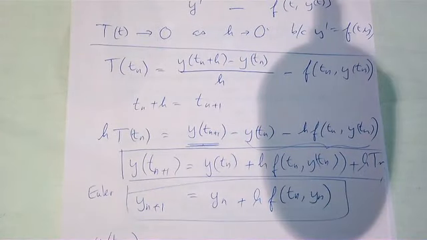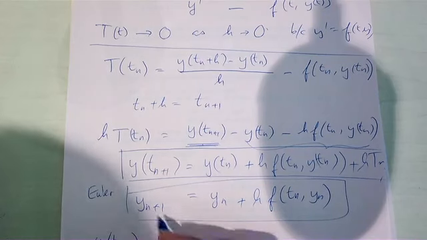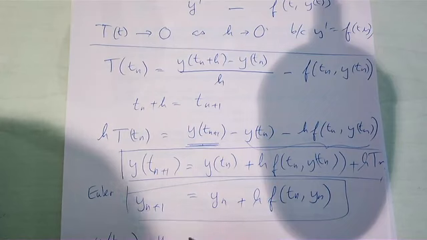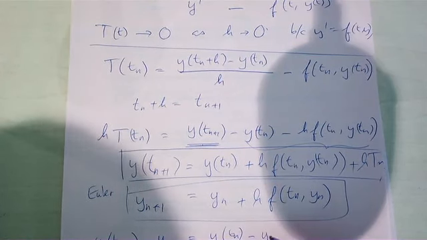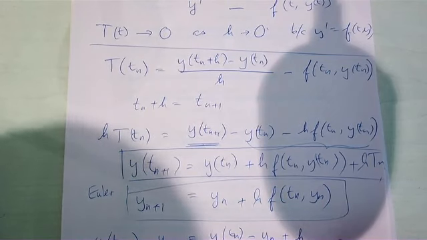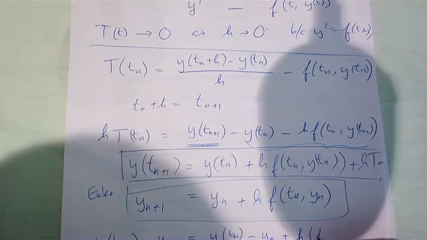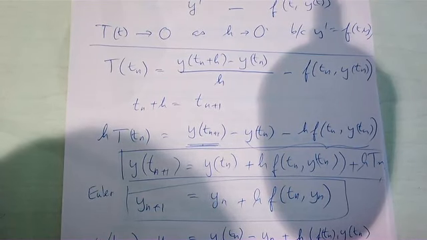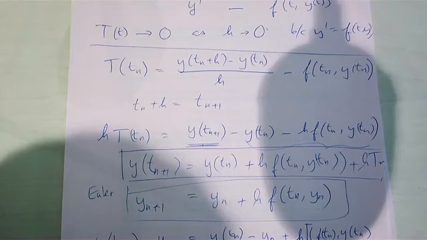So you subtract the two of them, you have y(tn+1) minus y(n+1) equals y(tn) minus yn plus h, f(tn, y(tn)) minus f(tn, yn), plus h τn.